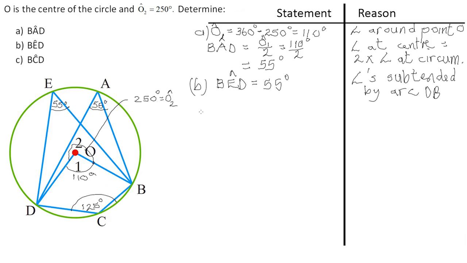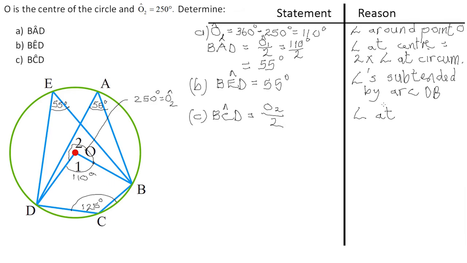Now let's look at C. BCD. Obviously, you can see there BCD is equal to reflex angle O2 over 2. Why? The same reason.